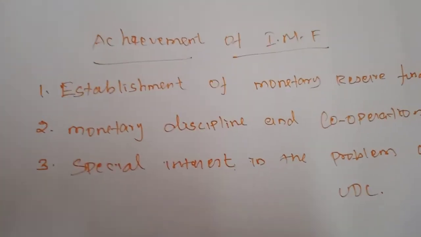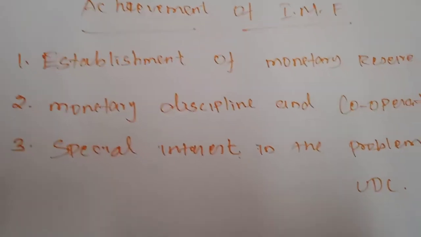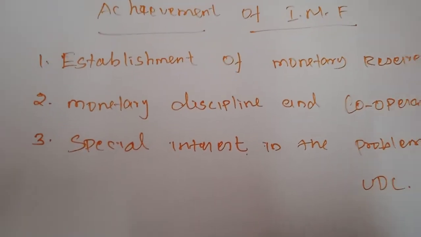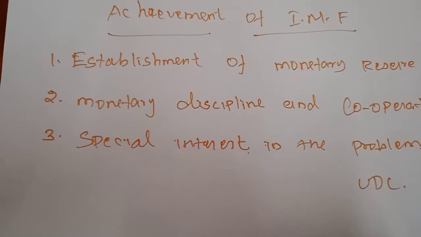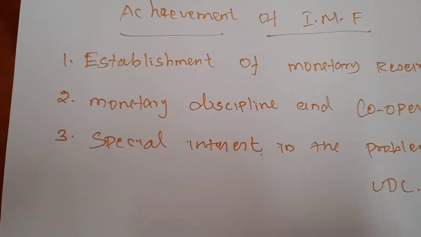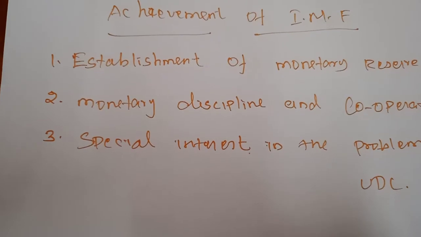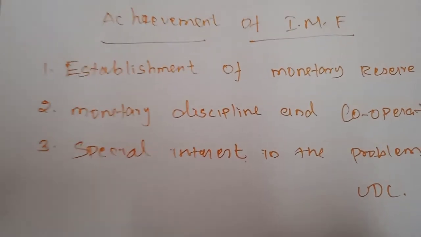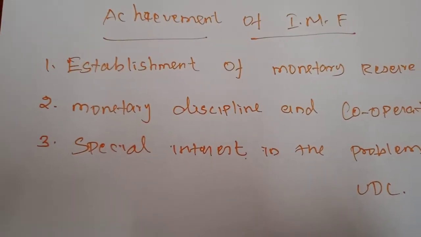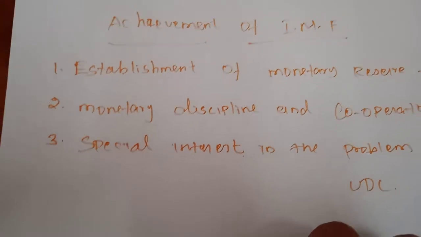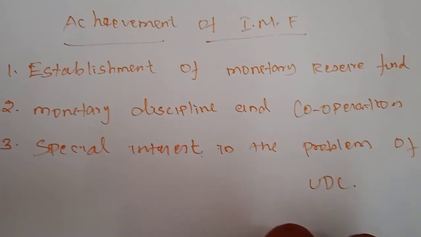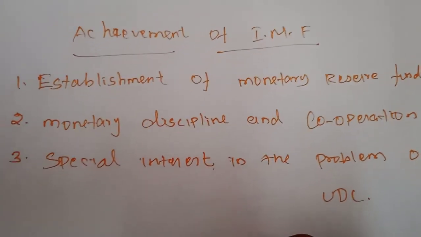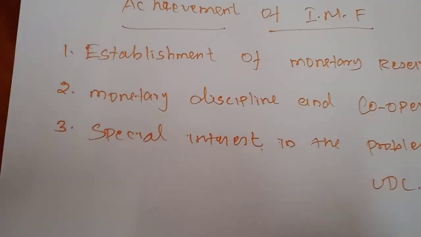So, without taking any effort when they are in problems, the International Monetary Fund will not be providing the facilities. But when the nations are taking some effort with disciplinary actions to solve their problem, the International Monetary Fund will be providing their facilities.